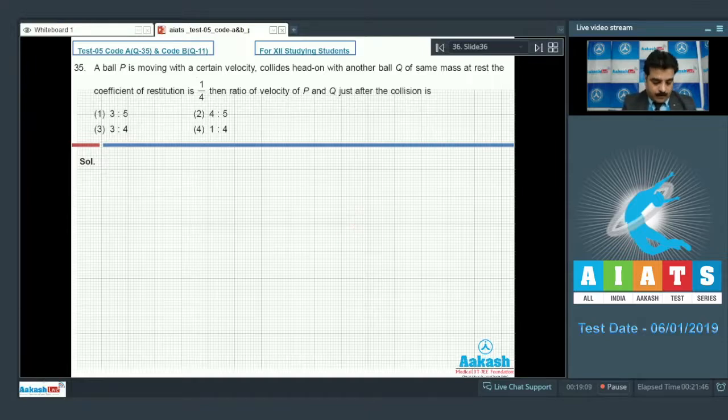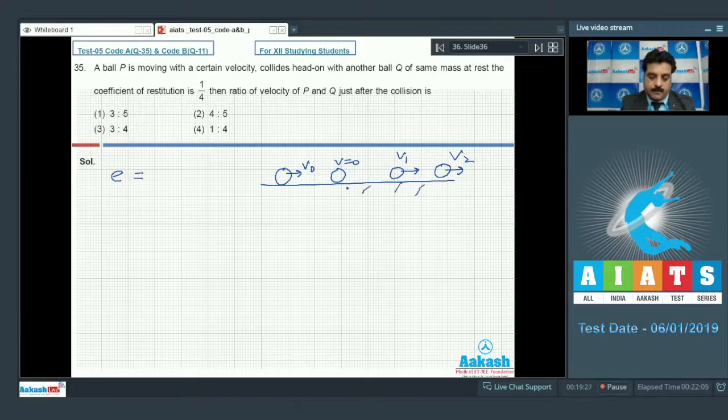So here I am going to use the formula of coefficient of restitution. This is the situation. Suppose initial velocity is v0 and the second body is at rest. After collision, suppose the first body has v1 and the second body has v2. Using the concept of coefficient of restitution, relative velocity of separation over relative velocity of approach, because the second body was at rest, that's why I am using 0 here.